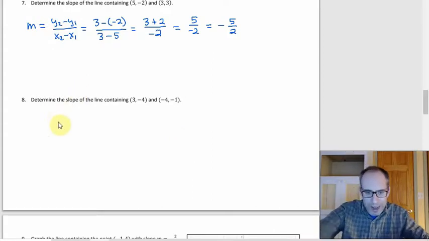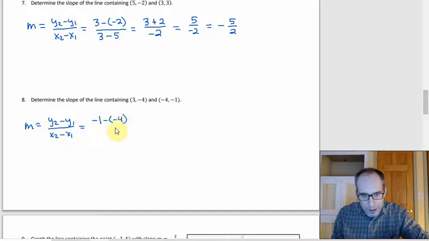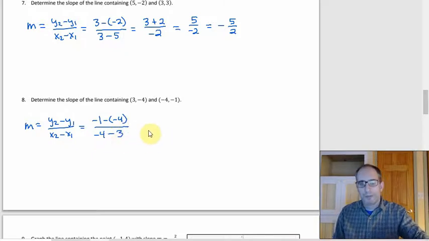So let's see what we got. All right, with 8, so y2 minus y1 over x2 minus x1. Again, we're going to have negative 1 minus negative 4 over negative 4 minus 3. And so that's going to be negative 1 plus 4, right?